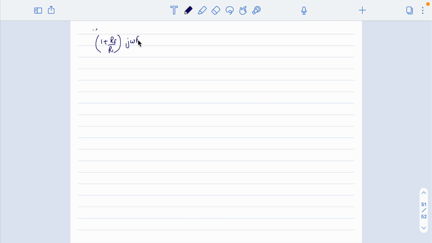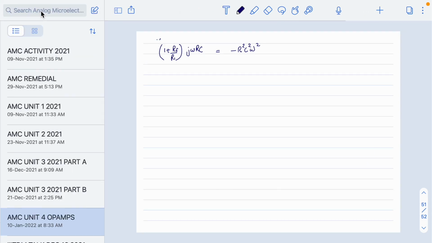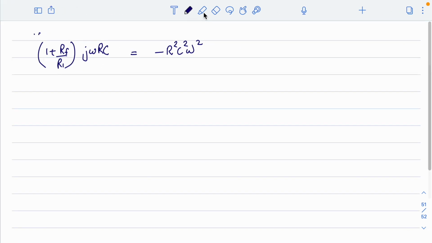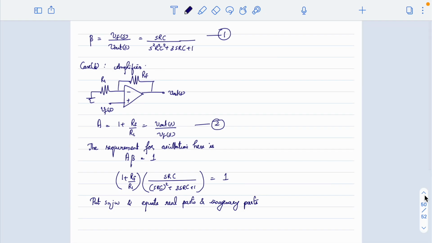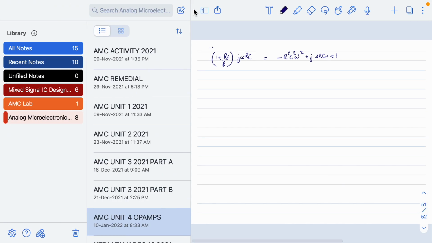So S is j omega RC, and on the other side SRC the whole square, so it is minus j omega RC the whole square, which is j square, so minus R square C square omega square, plus j into 3RC omega plus 1. Is this clear what I am doing? I have just taken this denominator to the right side. S square is minus omega square R square C square, plus the remaining terms I have written, right?